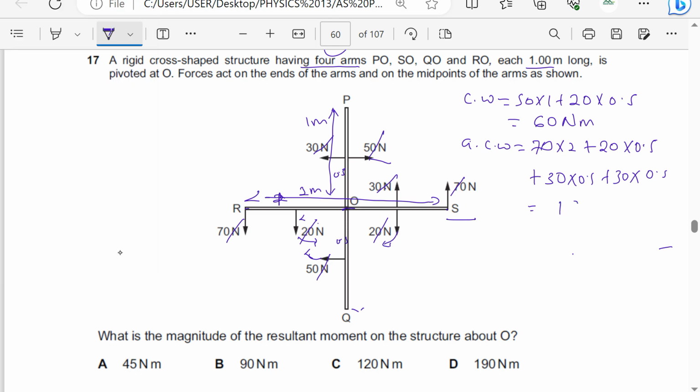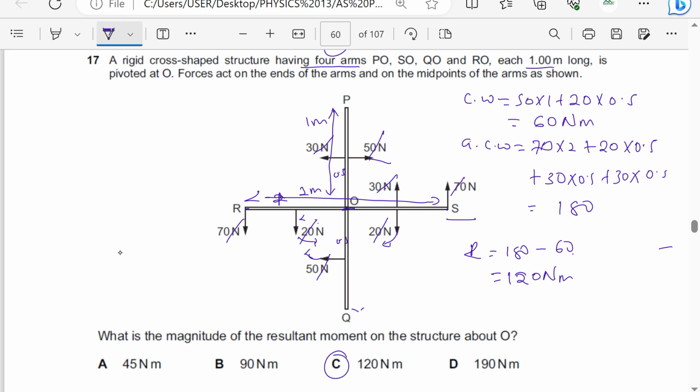That is 180, so that is anticlockwise. So the difference, the resultant, is 180 minus 60, which gives us 120 newton meters. So the answer is going to be C.